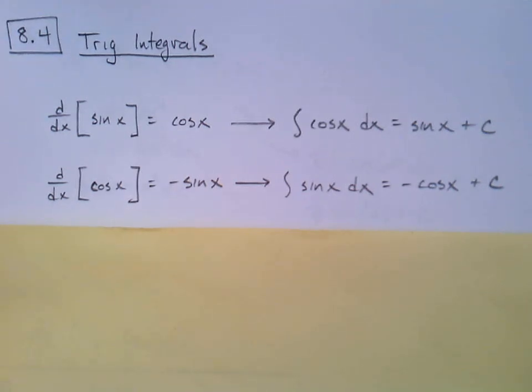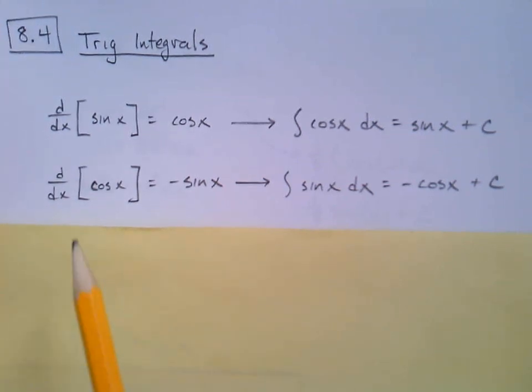When it comes to antiderivatives in this section, all we're focused on is sine and cosine, simply because they're the simplest of the derivatives, and so the antiderivatives as well, but also because every other trig function is based on sine x and cosine x in one way or another. So it all comes back to one of the two. And so we can do quite a bit with just these derivatives and antiderivatives.